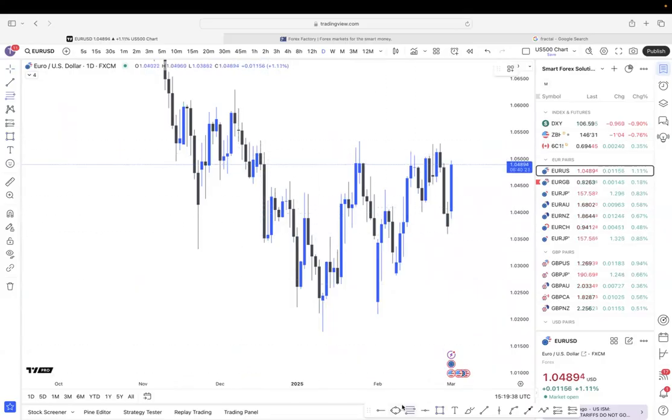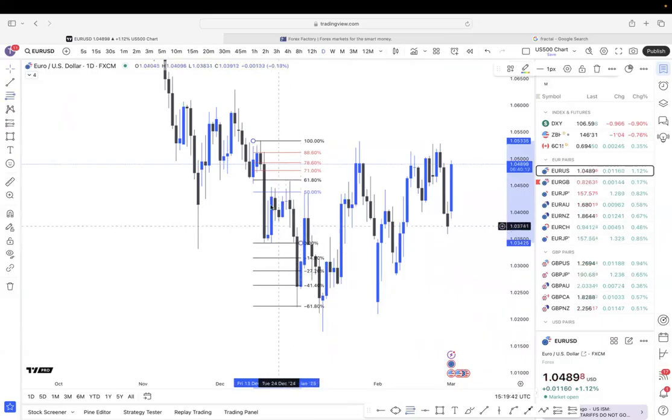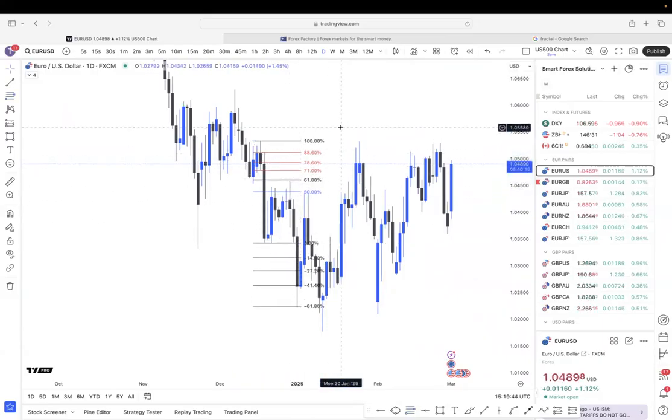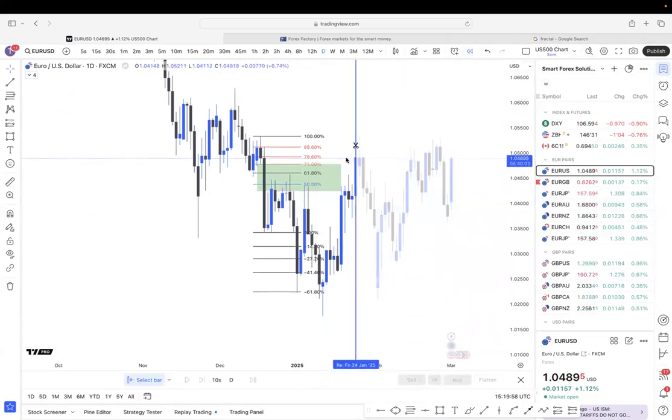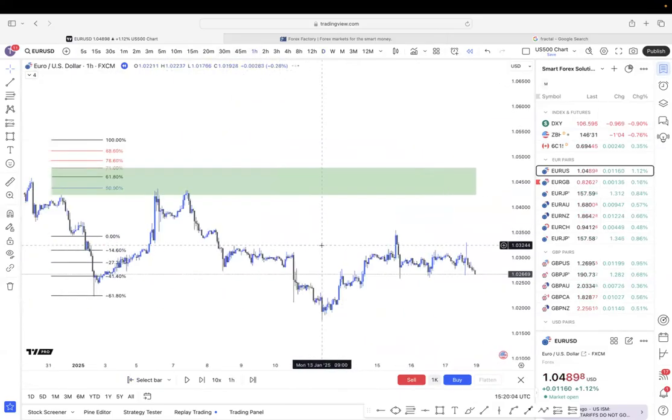As we can see, if I measure this entire lower range right here, you can see it didn't come to the optimal trade entry level, but it came to 50% and above, which is absolutely fine. There's no issues with that because there's also another area of inefficiency which sits within it. Perfectly fine. Just to make this a little bit easier, I'm just looking to reverse this here. So now we have this opportunity which is kind of sitting in here.